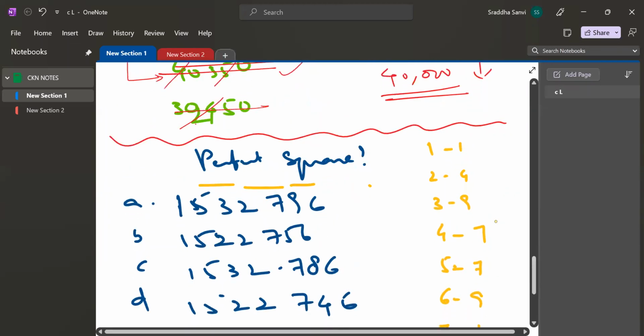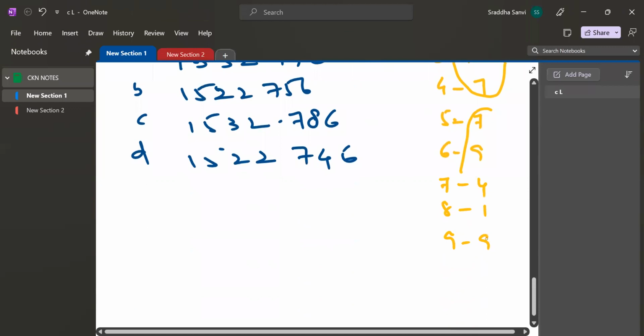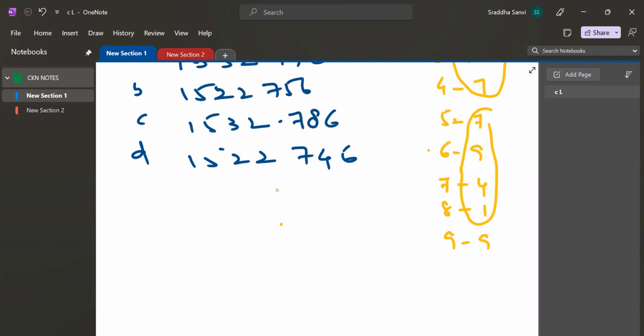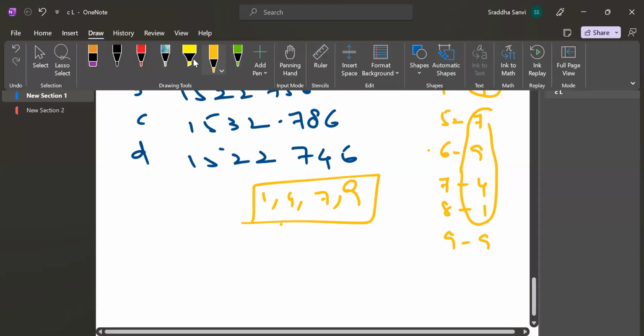If I can understand, 1, 4, 9, 7, again we are talking about a number 9. So if a number is a perfect square, its digital sum has to be 1, 4, 7, or 9.